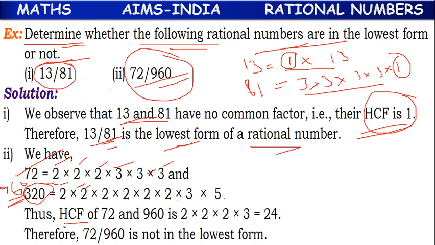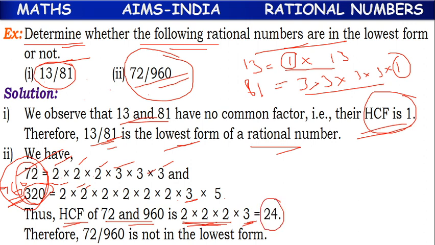So what is the HCF here? How many 2's are common here? 1, 2, 3. Three 2's are common. One 3 is common in both the factors. In the factors of 72 and 960, three 2's are common and one 3 is common.